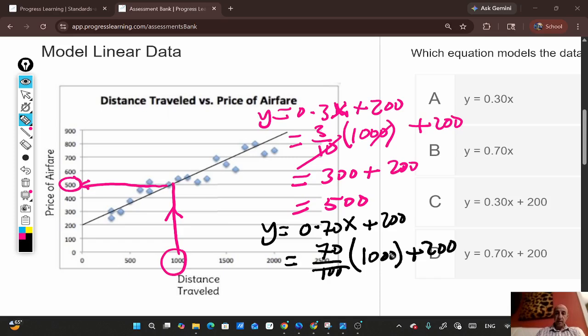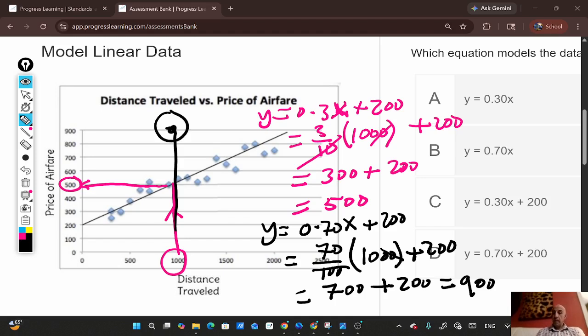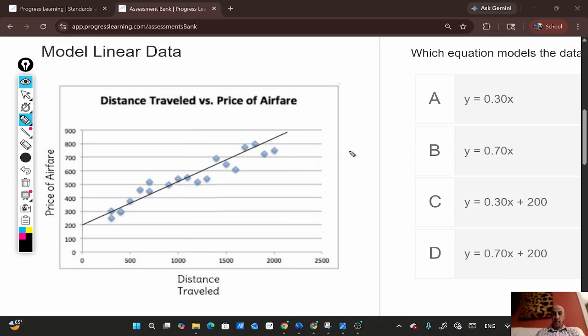Now we can cancel the 100 with the two zeros. Now 70 times 7 is 700, plus 200, which is equal to 900. That means if the x is 1000, the y will be at this point. So this point is too far. That's why we can see that the answer is C. So this is the first part of the question, finding the equation.